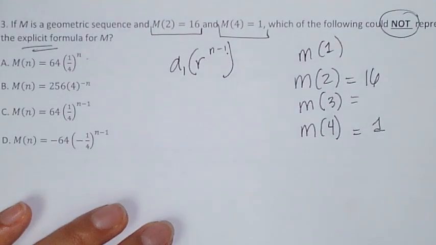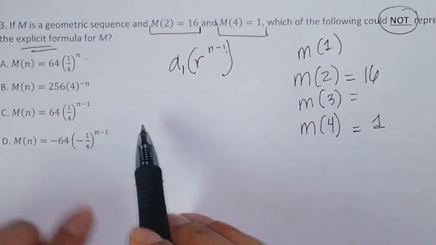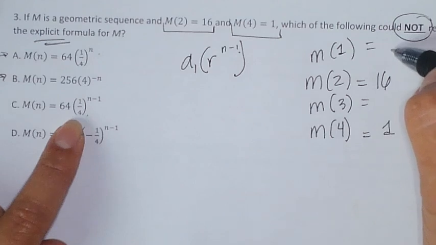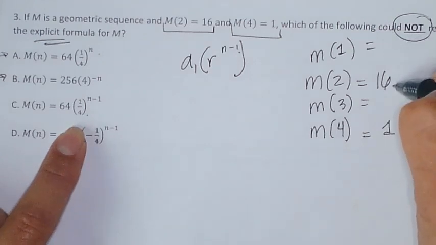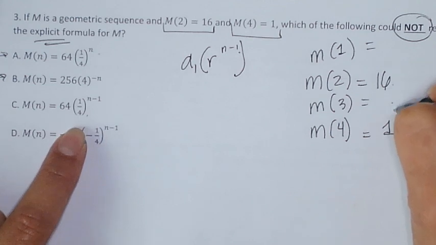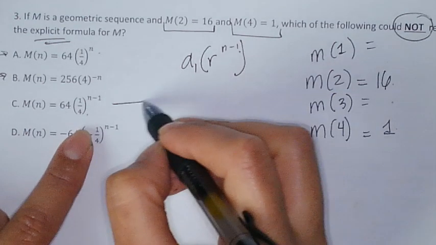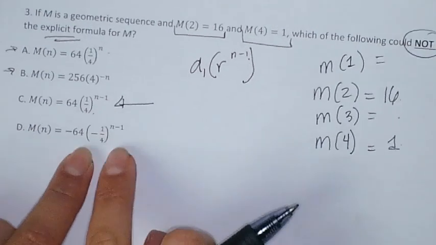So if this were that one, for example, 64 divided by 4 does give me 16. 16 divided by 4 would give me 4, and then 4 divided by 4 would give me 1. So if I use this one, it seems 64 is a first term.